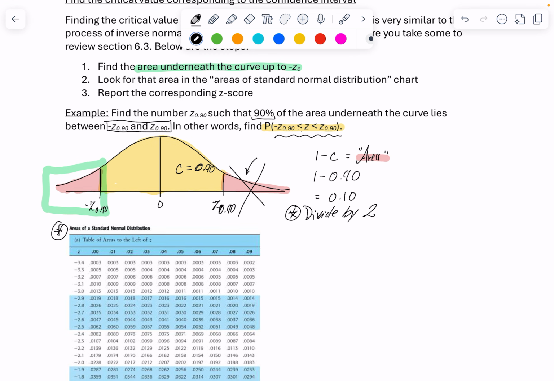So the probability of z being less than negative z sub 0.9 is our whole area, 0.1, divided by 2, which is 0.05.